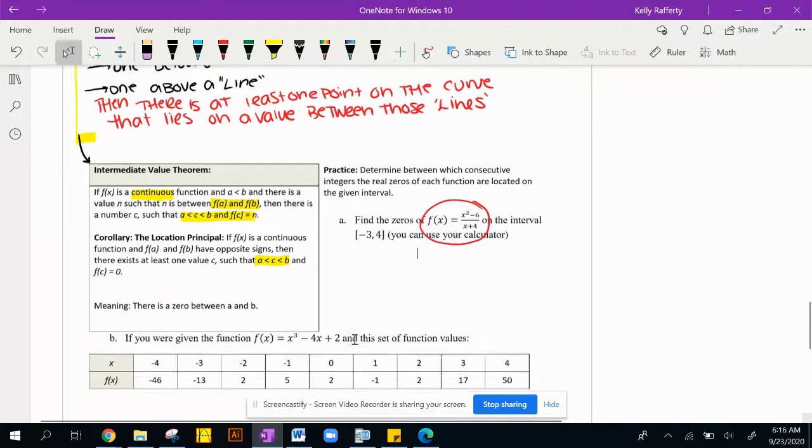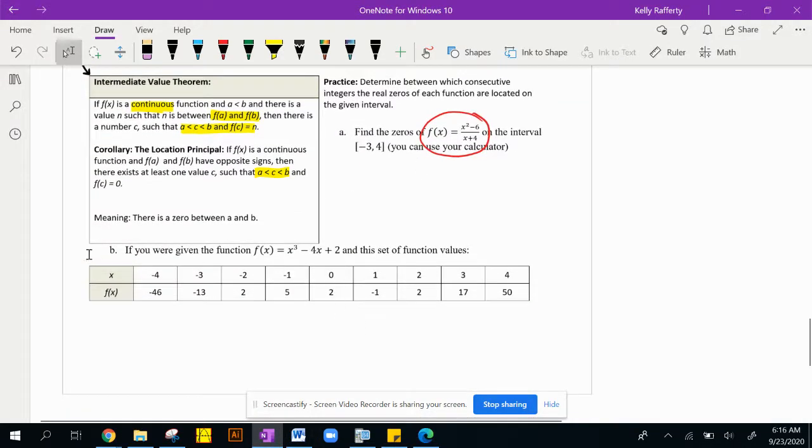Okay, last thing to wrap up quickly is if we're given a set of function values, and this is really the intermediate value theorem at work. If I was given these x's and y's, I really should have had the question up here, but it's this one: determine between which consecutive integers the real zeros are located.